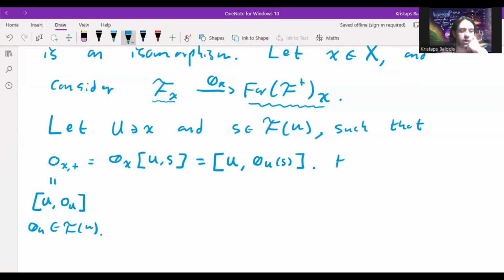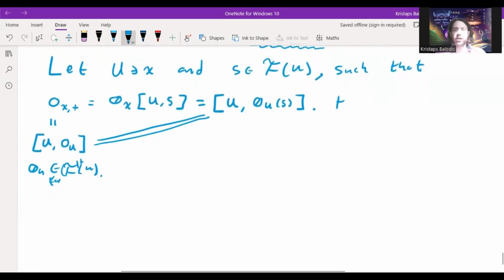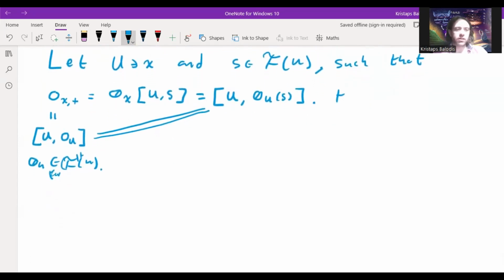Well, so I suppose here I should say the germ of F plus at U, right? So what does it mean for these two things to be equal? Well, it means that there exists an open subset in the intersection of the two open sets.